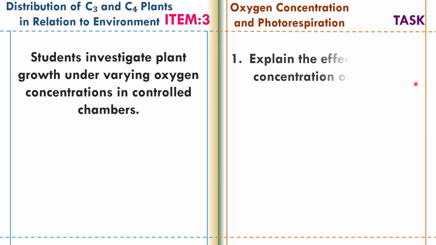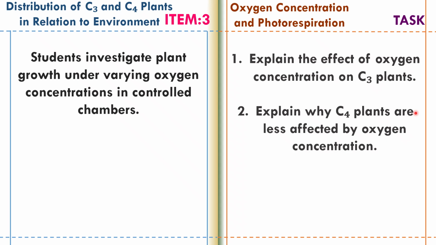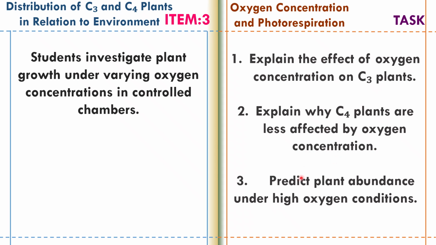Task: explain the effect of oxygen concentration on C3 plants. Explain why C4 plants are less affected by oxygen concentration. Predict plant abundance under high oxygen concentration.